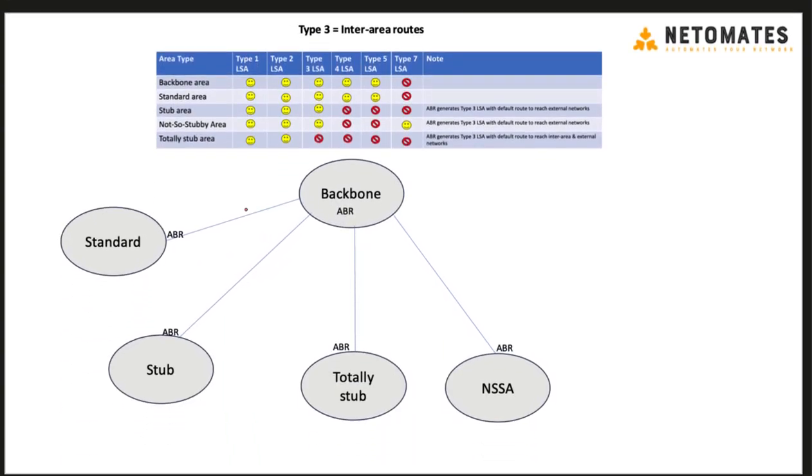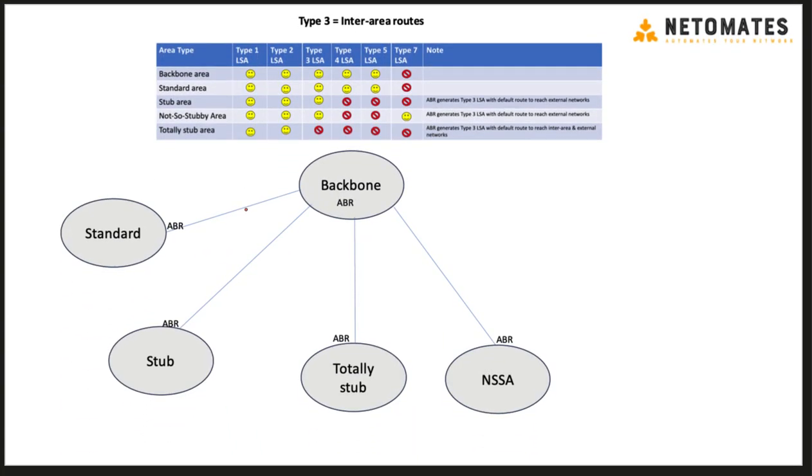Next, inter-area routes. Inter-area routes are allowed in all areas except the totally stub area. Suppose you have a network here, let's say 10.0.0.0/24. All other areas like backbone, stub and NSSA learn about this network using type 3 LSA.